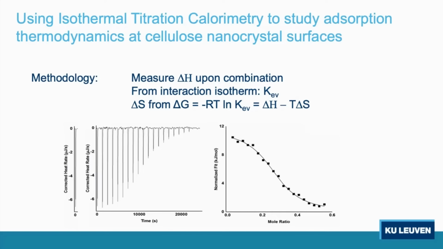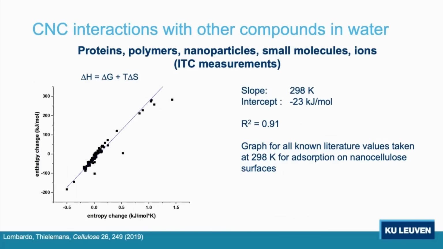And we did a whole bunch of experiments with salts, proteins, polymers, hemicelluloses. And we also did a review of the literature. And if you plot the enthalpy of interaction versus the entropy interaction, you find that all data points fall about on a straight line. This straight line, if you take the slope of it, it's around 25 degrees.